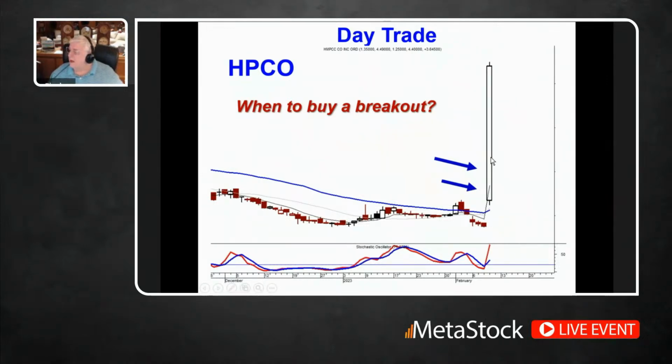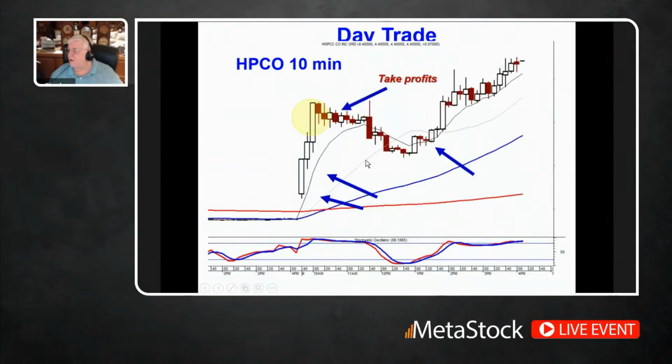Where would you be buying something that's skyrocketing? Once again, that's an easy process using candlestick charts. Wouldn't be afraid to be buying here, here, here. But then look what happened. There was our first sell signal. And look at the other aspects of this chart. Look how far away you are from the 10-minute T line.